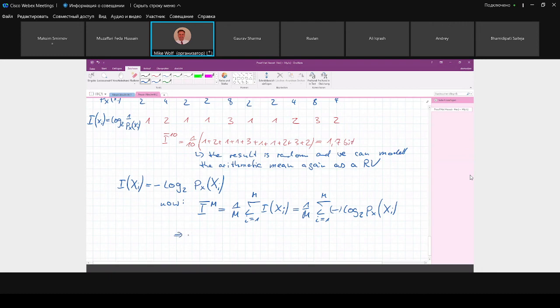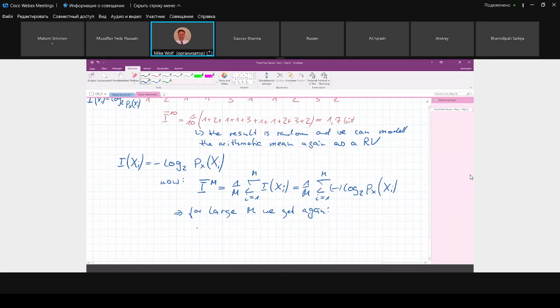So for large M, this is already our result, and we can use it to show important properties for large M. We get again 1 by M times the sum from 1 to capital M of minus log 2 P_X of X_i.